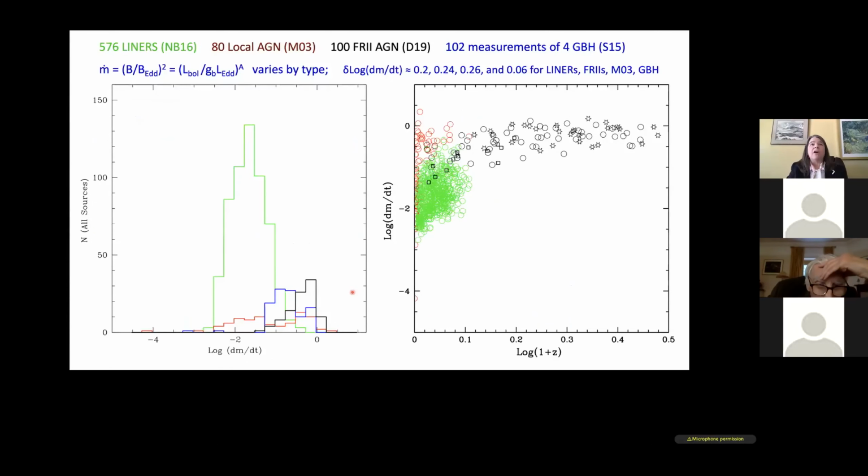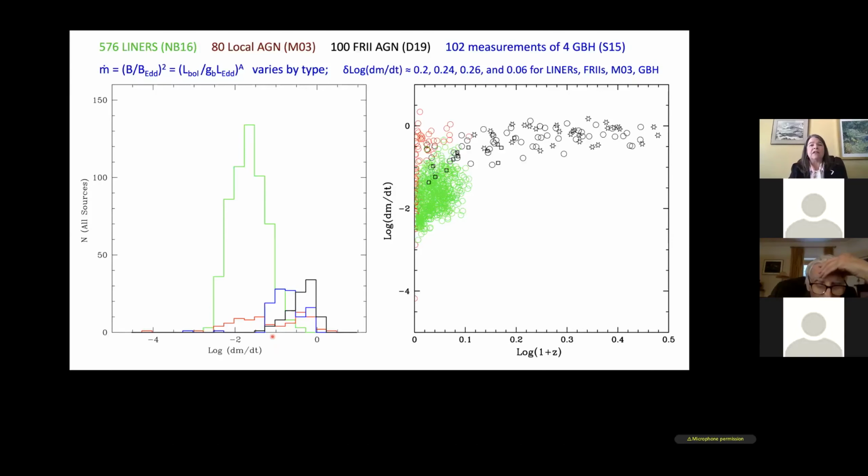So here is the dimensionless mass accretion rate. It shows a similar separation of the Merloni et al. sample into 2 components that we saw for epsilon symbol, though it's not quite as pronounced.